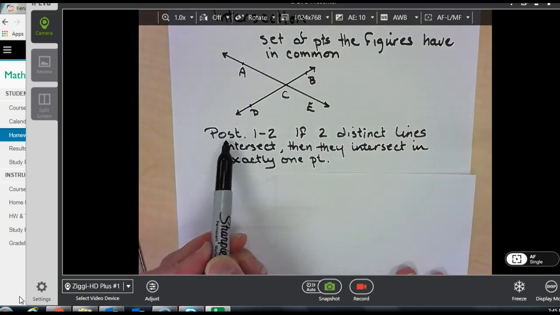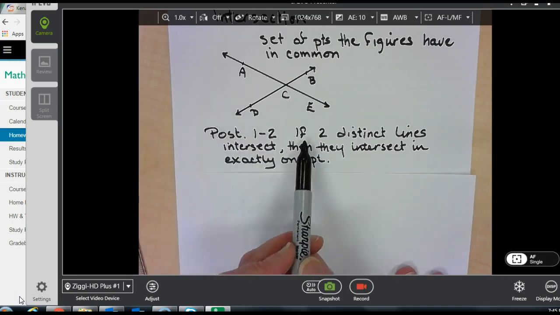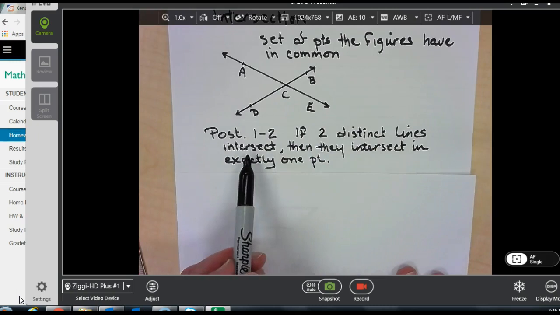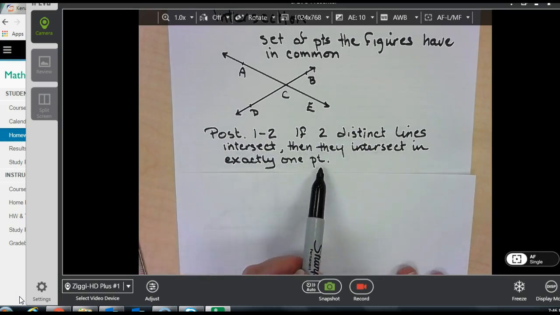Notice I'm abbreviating postulate, P-O-S-T. If 2 distinct lines intersect, then they intersect in exactly one point. And again, I'm abbreviating point, PT. We end up writing so many things in geometry that it's easier if we start abbreviating things.